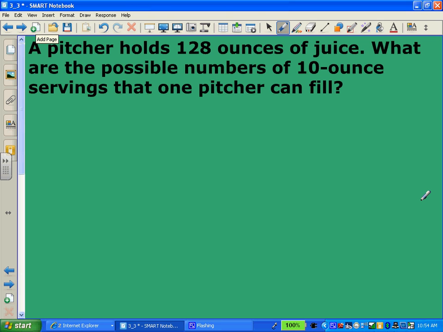One more story problem for you. A pitcher holds 128 ounces of juice. What are the possible 10-ounce servings that one pitcher can fill? So X is going to be, probably shouldn't use green on green, the number of servings.